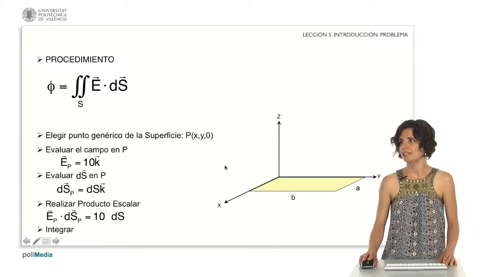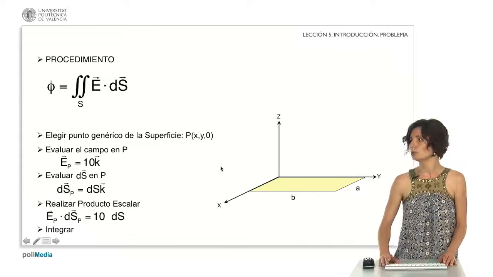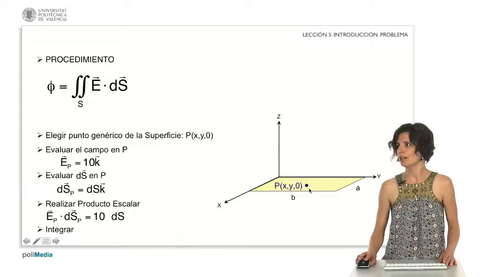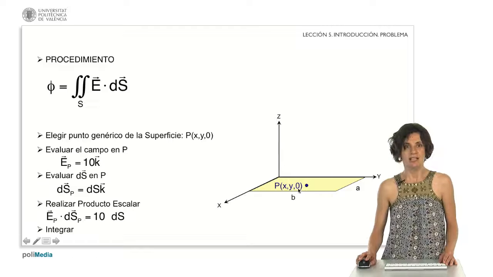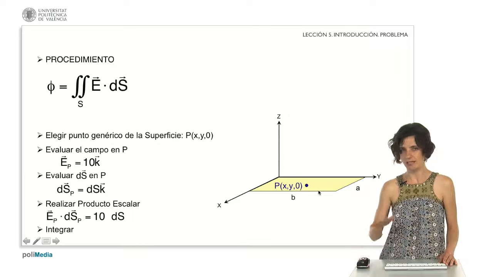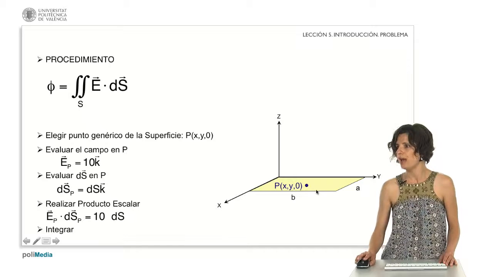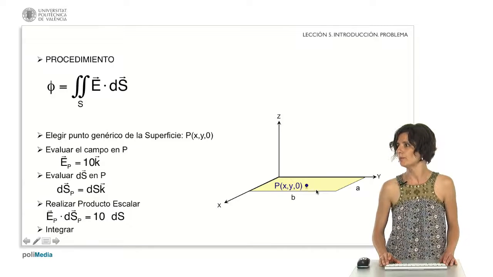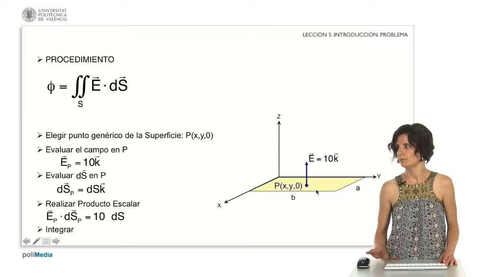The procedure is as follows. We first choose a generic point on the surface in question. It is going to be a point with x and y coordinates, and the z coordinate is always going to be 0, since the surface is in the plane z equal to 0. Then we evaluate the electric field at this point. In this case, it is constant and therefore worth 10 k.